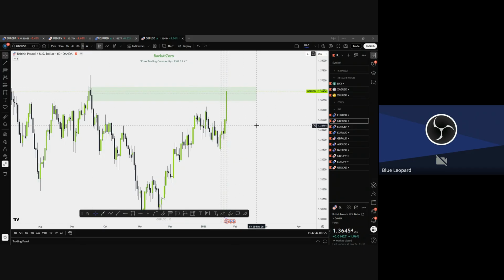This is a reaction zone. So if price wants to break it, okay, price will do what? Price will create a bullish week, but we start with a bearish Monday and then continue like this. Or it can start bullish to reverse and come back down here.